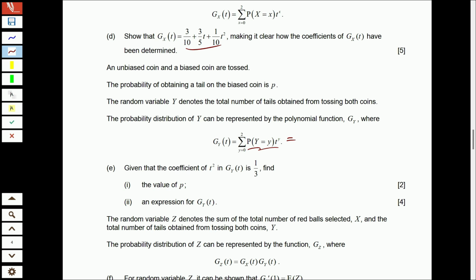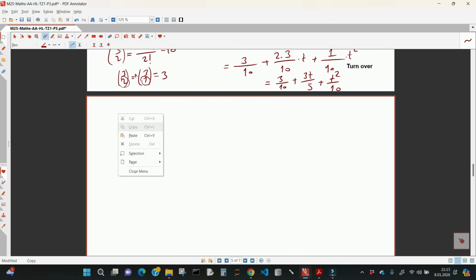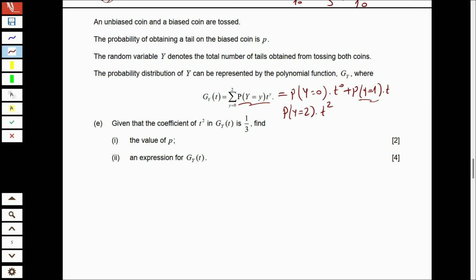If you replace y with 0, you're gonna see the probability of y equals 0 times t to the power of 0, plus the probability of y equal 1 times t, and the probability of y equal 2 times t square, right? So we will find the coefficient of t square, right?